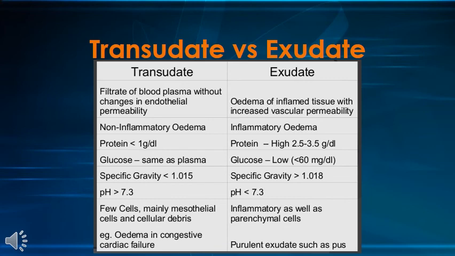Okay, so what are the properties of exudative fluid? It is high in proteins, present in high amount, 2.5 to 3.5 grams per deciliter. Glucose will be low in this, specific gravity 1.018, and pH will remain the same as for blood. In exudate we can observe inflammatory cells as well as parenchymal cells.